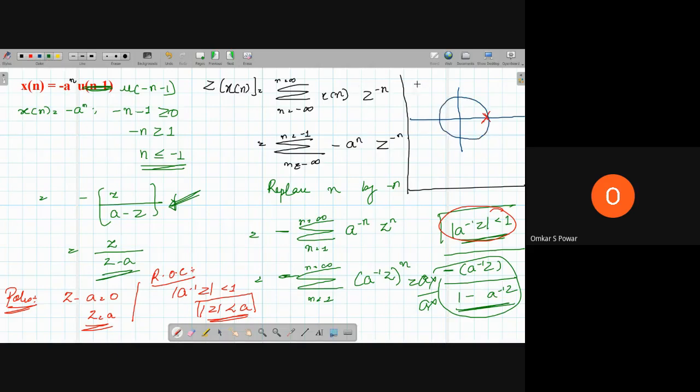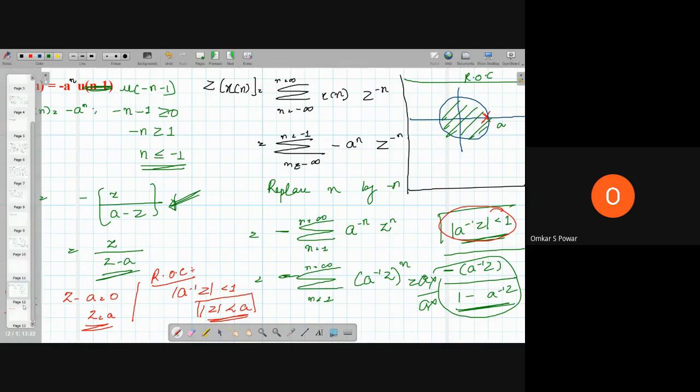And where does your ROC lie? Mod z is less than a. So this will be your ROC. In textbooks, they will give you these kinds of things directly and you will not understand. So make sure you understand the things. I'm solving step by step, writing the formulas here and making you understand.